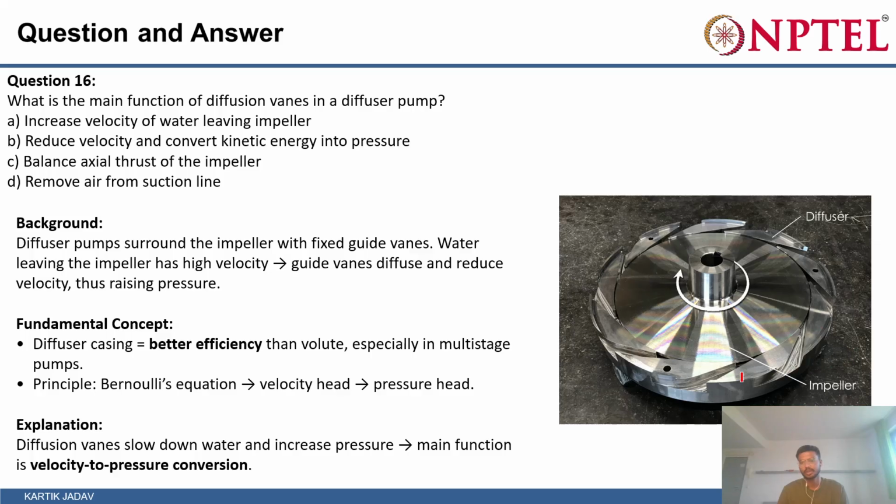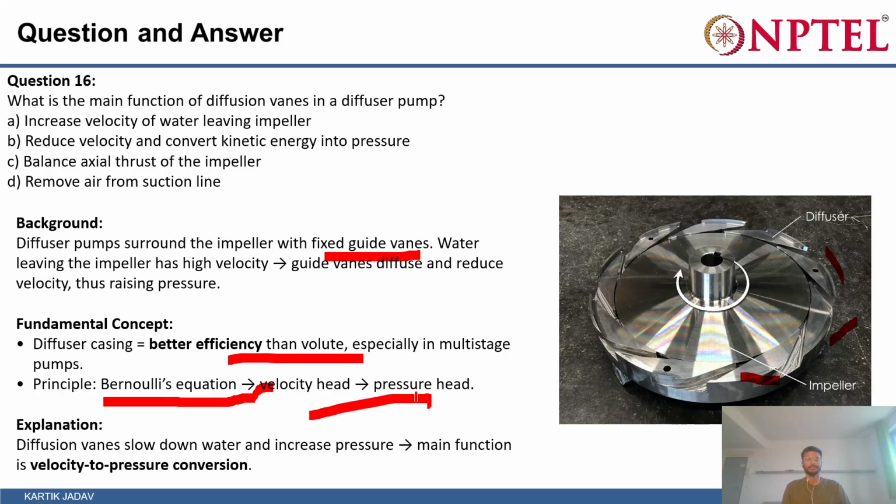So diffuser pump surrounds the impeller with fixed guide vanes. Water leaves the impeller at high velocity, and the diffuser casing has better efficiency than a volute, especially in a multi-stage pump. It works on the Bernoulli principle, so it converts velocity into pressure. So diffusion vanes slow down the water and increase the pressure.